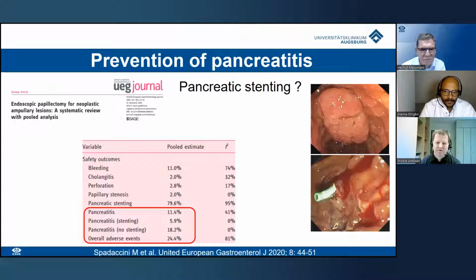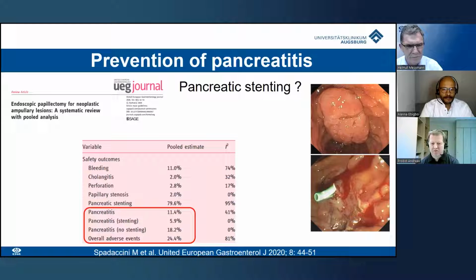And when it was possible to place a stent, the risk was reduced to 5.9% compared to 18% when there was no stent. But I think we should not be too aggressive to place a stent. If it's simple and if it's easy to put a wire into the pancreatic duct, I think there's no question we should do it. But if it's not possible very quickly, I think we should not be too aggressive.